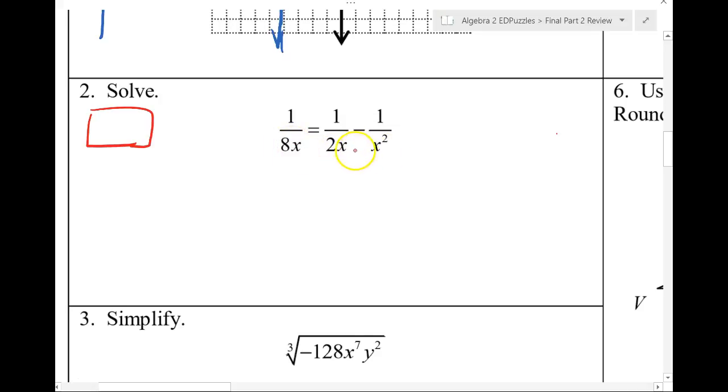Because if the denominator is 0, then that makes this undefined, and we don't want that. So I think to myself, what number could I plug into x to make it 0? Well, just 0. I plug in 0 here, it's 0. Plug in 0 here, it's 0. Plug in 0 here, it's 0.